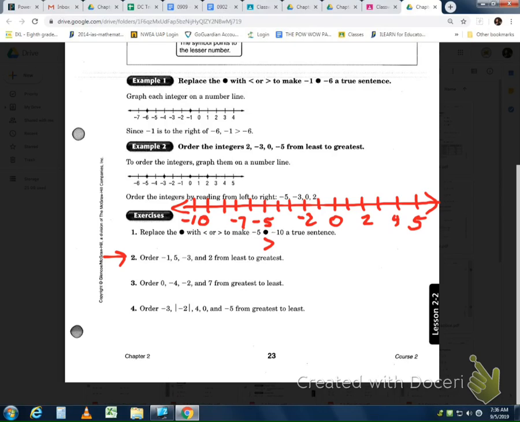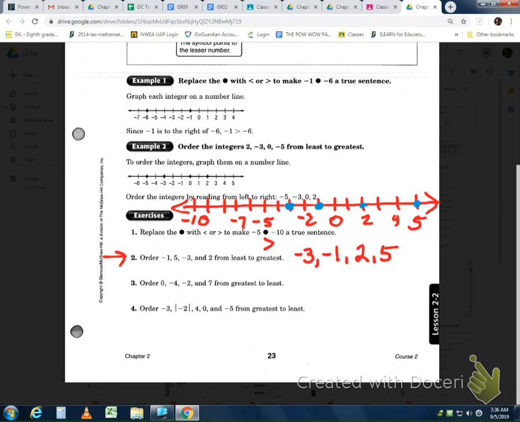So -1 would be here, 5 would be here, -3, and +2. So you list them from left to right in order, and that would be from least to greatest. So we're talking -3, -1, 2, and 5.